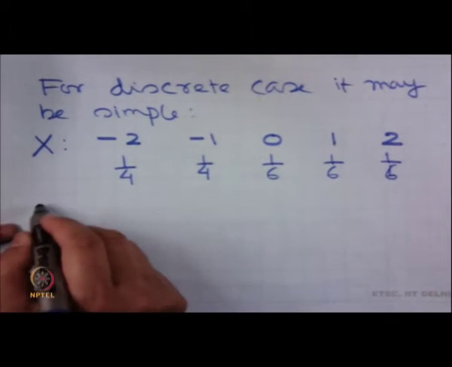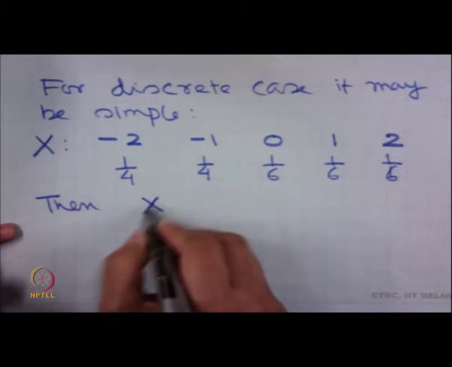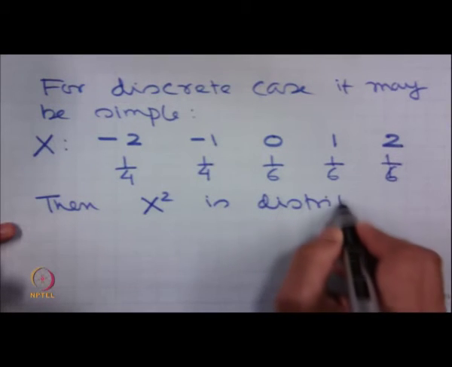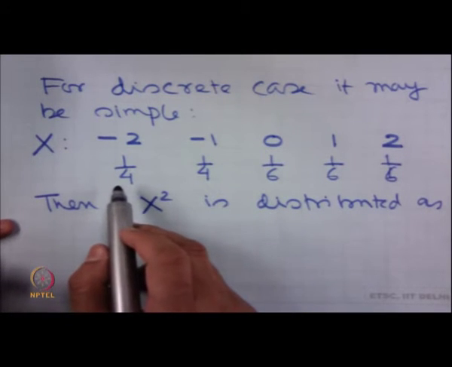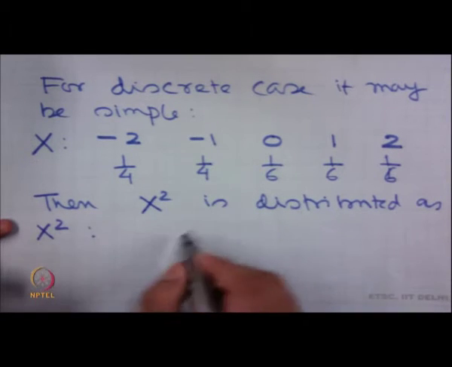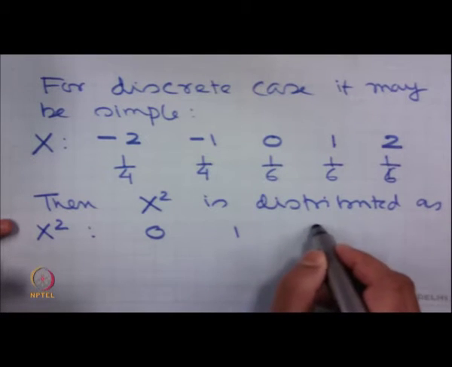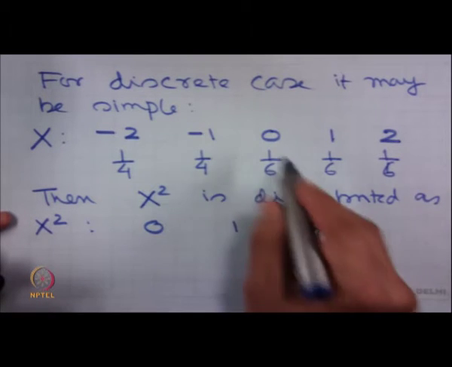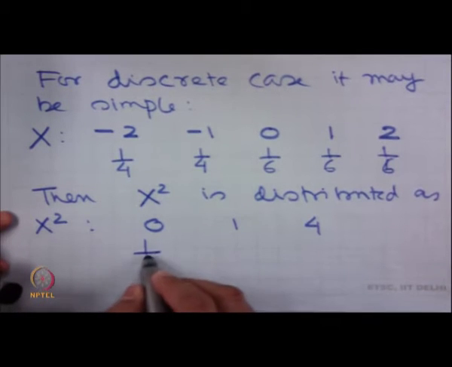Then how is x square distributed? X square can take values, only 3 possibilities, 0, 1 and 4. Probability of 0 is, x is equal to 0, therefore, it is 1 by 6.